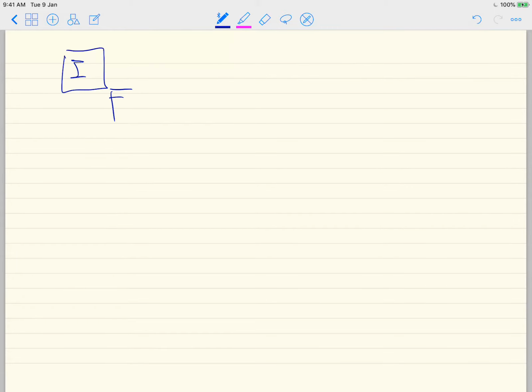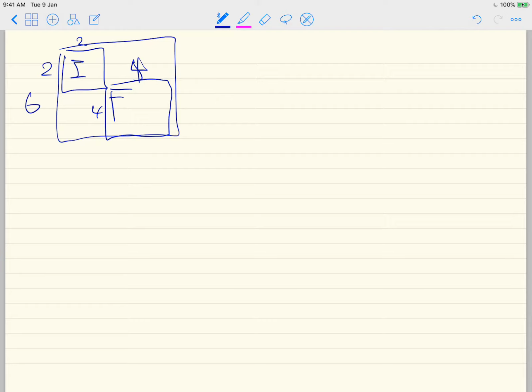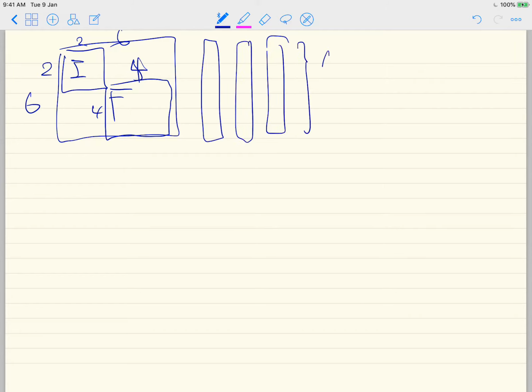For example, let's suppose I is 2 by 2, which will correspond to maybe the third step, or Q3, for example. Then maybe F is 4 by 4. So in total, it is a 6 by 6 matrix. It means that our column vectors are 6-dimensional, right?